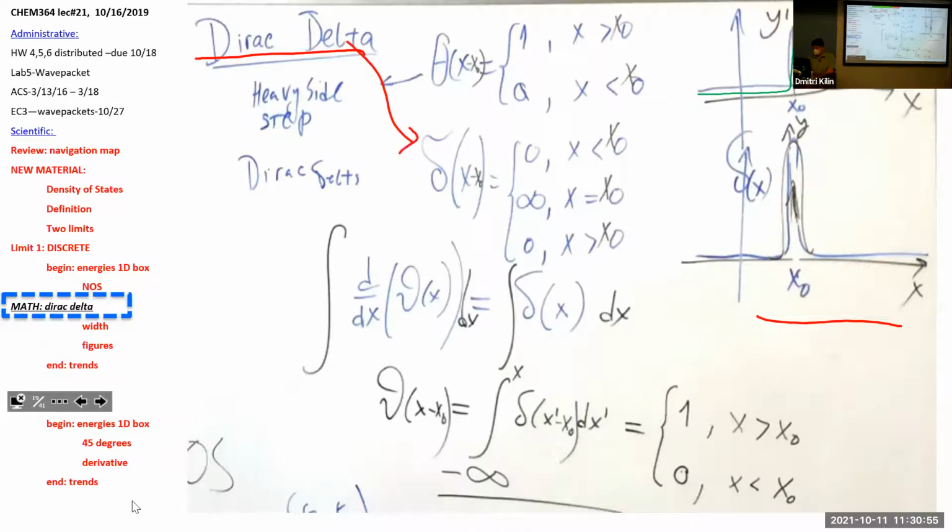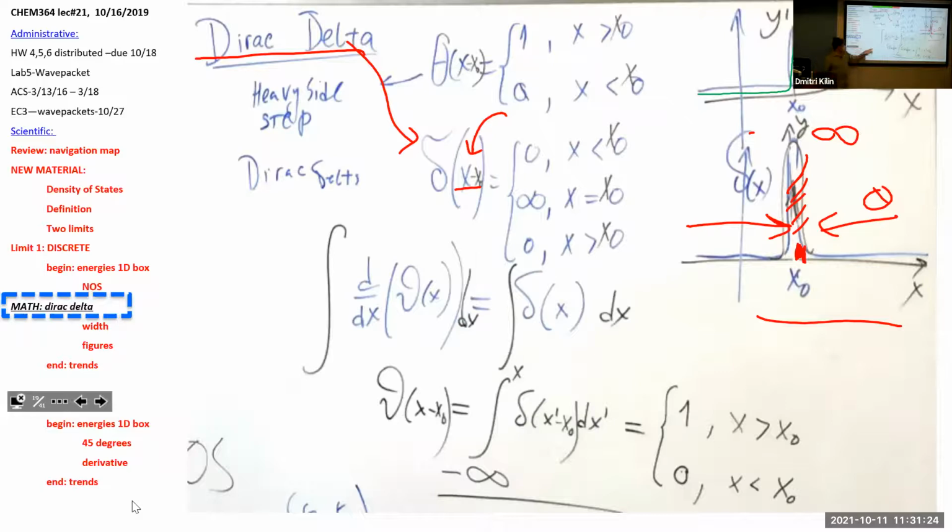It is infinity at the point where the argument agrees with this point, x minus x naught, and the area under this infinitely tall curve is assumed to be 1, and the width is assumed to be as close to 0 as possible.